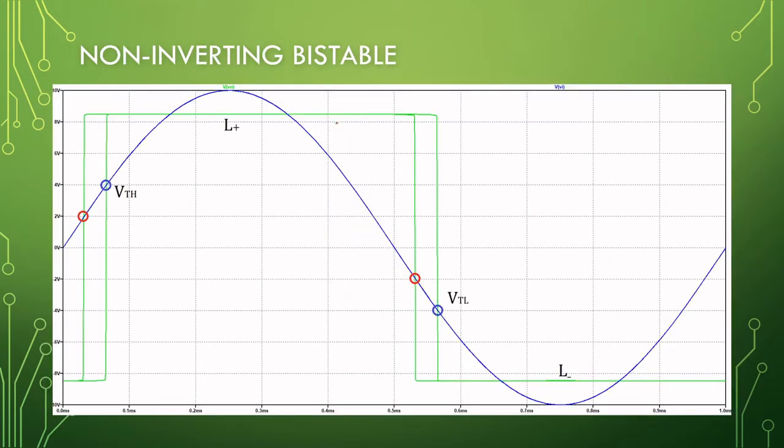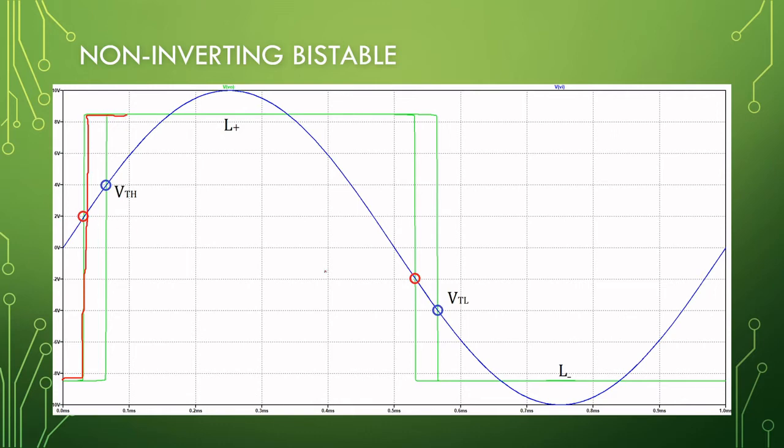Right, the non-inverting bistable works a little bit different. So again, with a sinusoid, our signal will now start off at the negative, and the moment that our high trigger is breached, our output will go to a high.